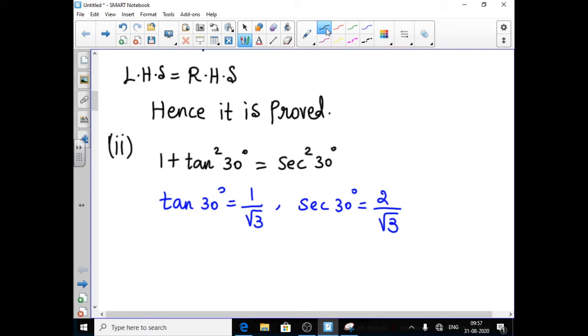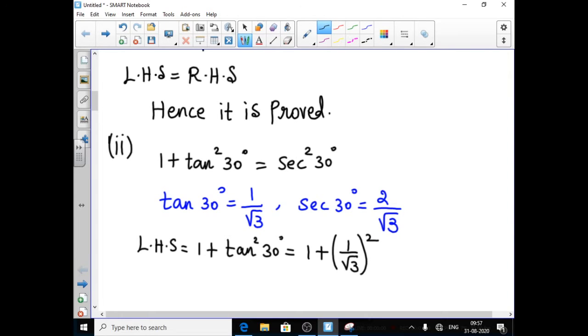Okay. So we are going to apply the LHS values. LHS is equal to 1 plus tan square 30 degree. Okay. So tan 30 degree is 1 by root 3. So we can use the square. So 1 by root 3 whole square.